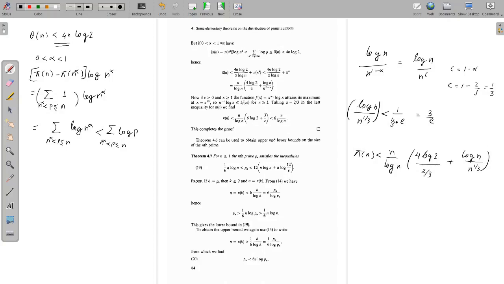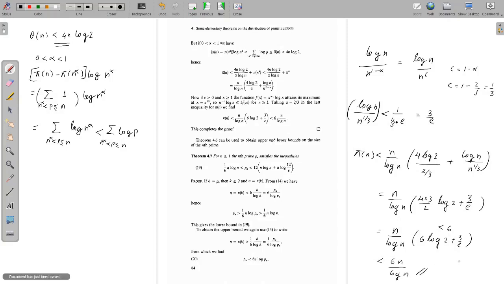Simplifying this, you get n by log n times 4 into 3 divided by 2 log 2, plus 3 by e. So this equals n by log n times 6 log 2 plus 3 by e. But we know from the assignment that this is always less than 6, so this is less than 6n by log n, and this establishes the other inequality that we have to find out.